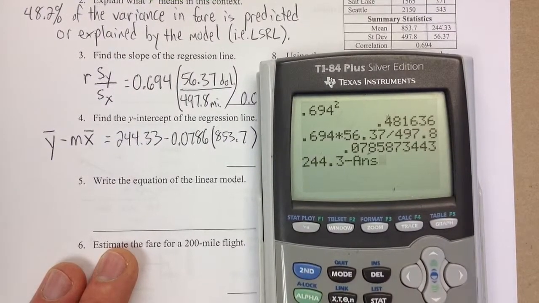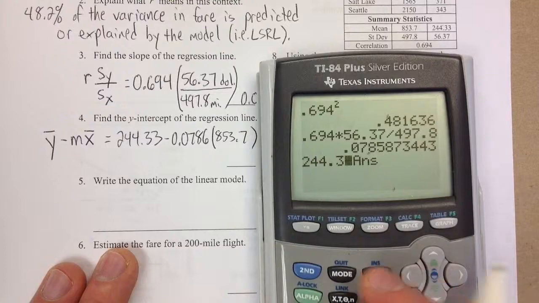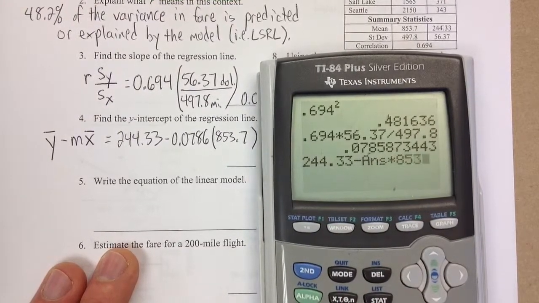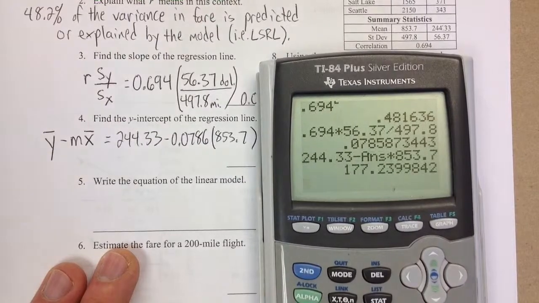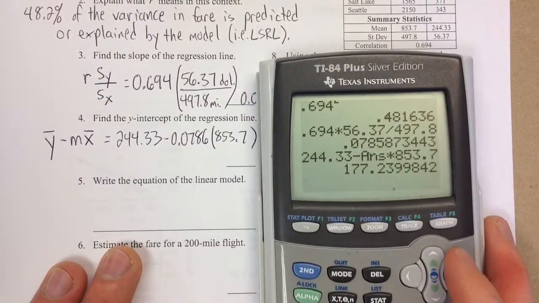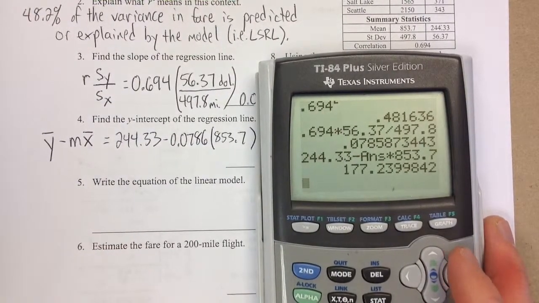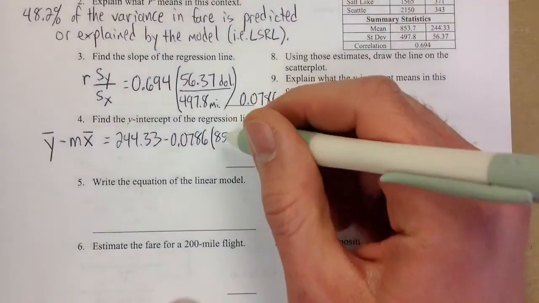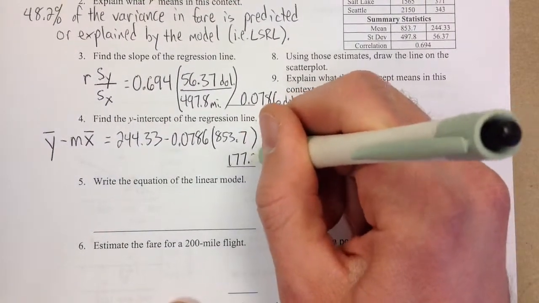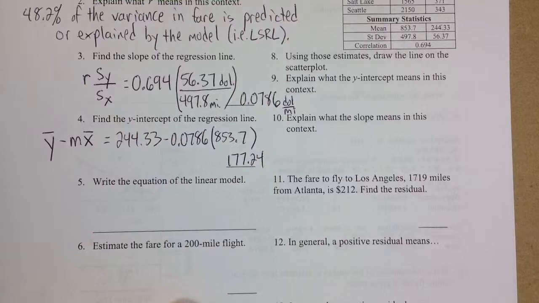I'll use my answer memory to be more precise. Okay, that is the y-intercept, 177.24. Units, anyone? Dollars, probably.